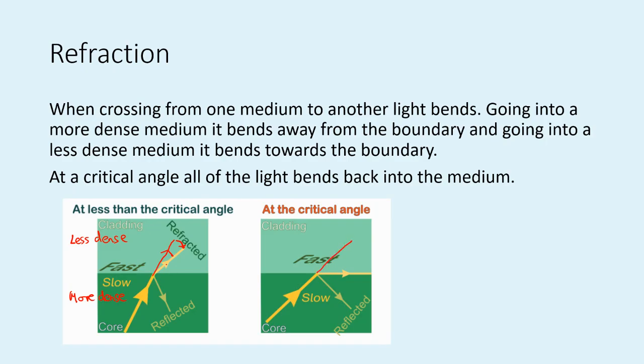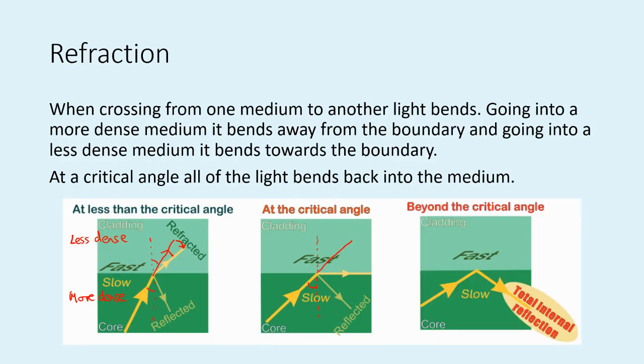When we're talking about the angle, we actually measure it from the normal. So if you imagine a line going down, that's the angle we normally talk about. And that will, of course, be getting bigger, and once you get big enough, then you've got the critical angle, and no light escapes.